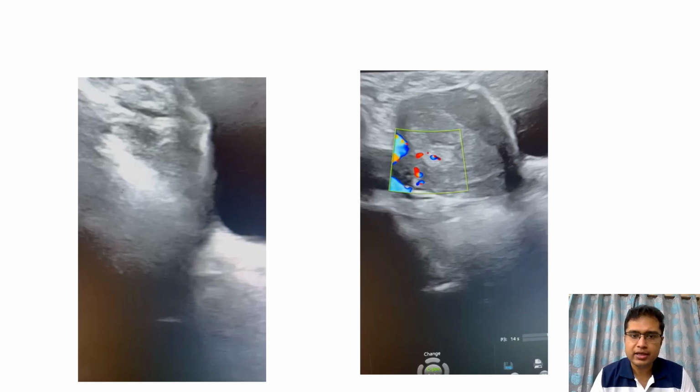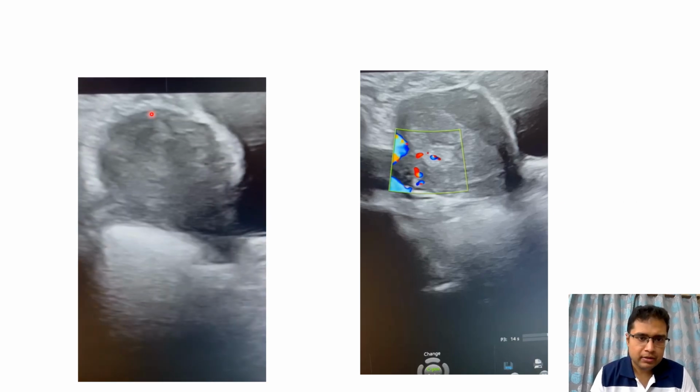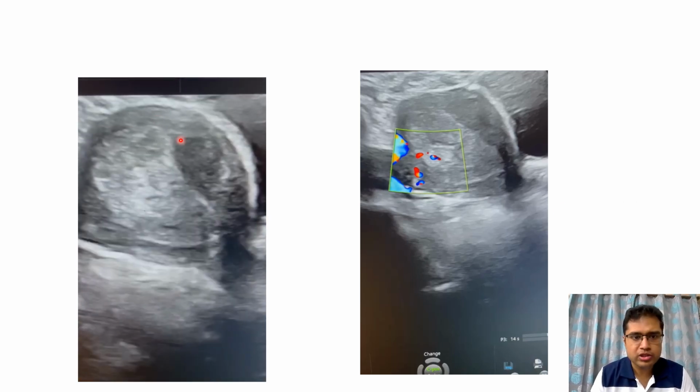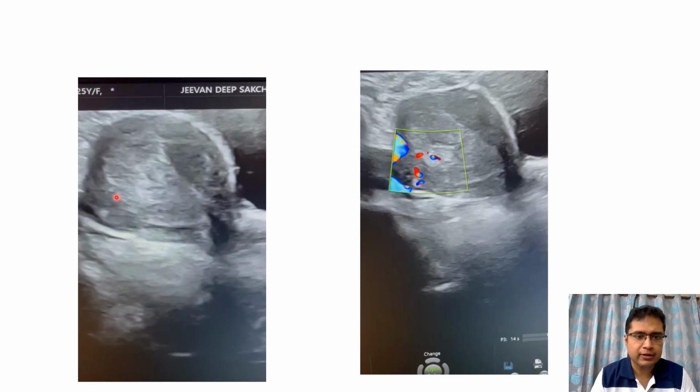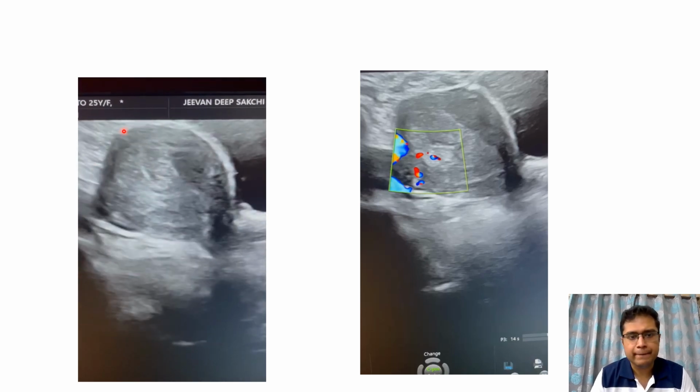Coming to our next case, this patient presented with a lot of bleeding, typically intermenstrual bleeding, and this is the ultrasound picture of the uterus. We can see this homogeneously echogenic intracavitary mass lesion in the endometrial cavity.